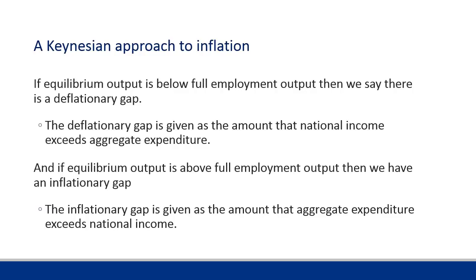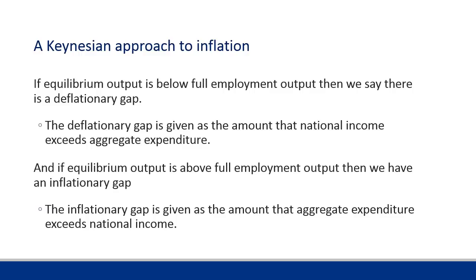Another way to think of inflation is using the Keynesian cross. We can use this by using a deflationary or inflationary gap. So if equilibrium output is below full employment output, in other words, if we are in a recession, we can say there is a deflationary gap.